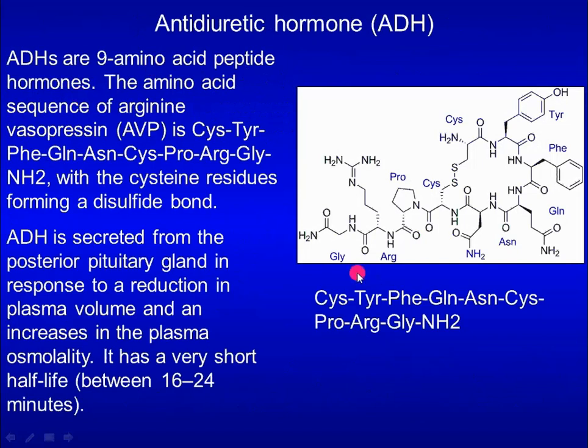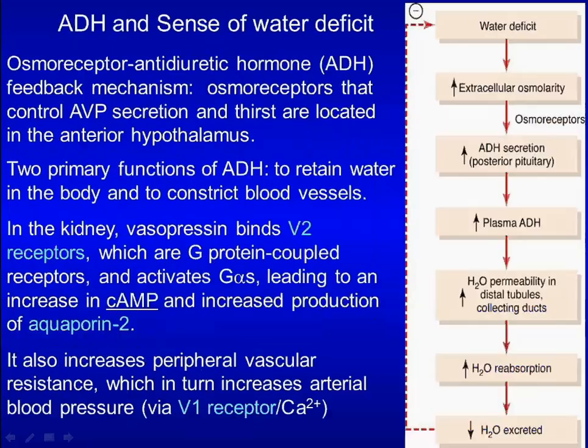Here is the amino acid sequence of arginine vasopressin. ADH is secreted from the posterior pituitary in response to a reduction in plasma volume and an increase in plasma osmolarity. It has a very short half-life. Here are the osmoreceptors and the ADH feedback mechanism.